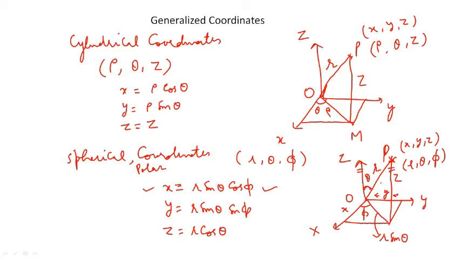So if this angle is theta, then this angle will also be theta. So here if this distance is r, then you see that your z will be equal to r cos theta, right? So you can find a relation between the Cartesian coordinates and the spherical polar coordinates.